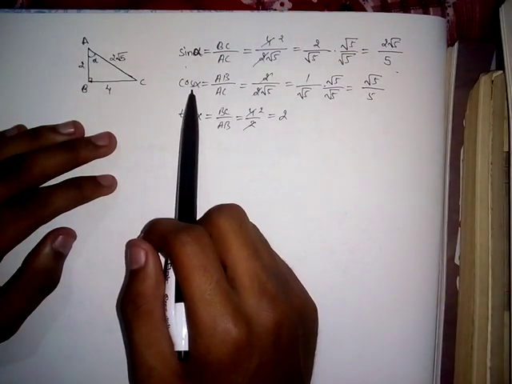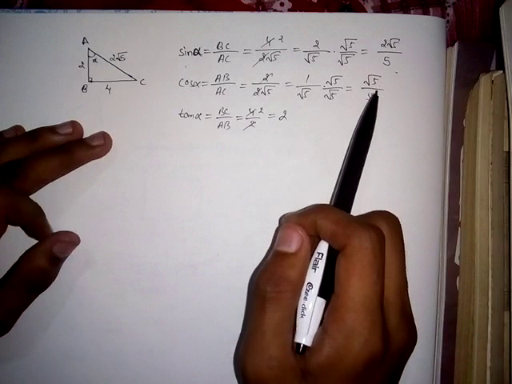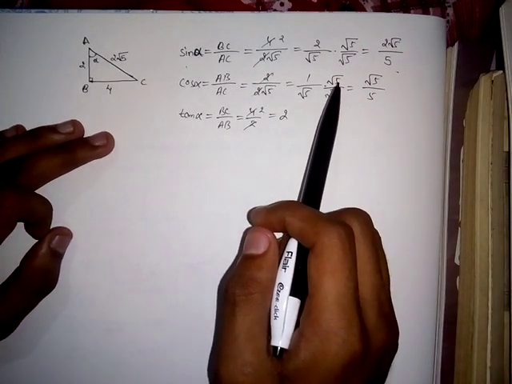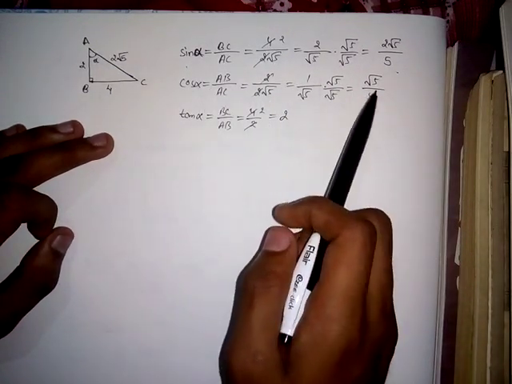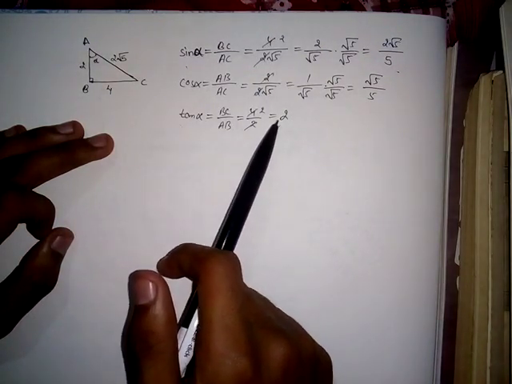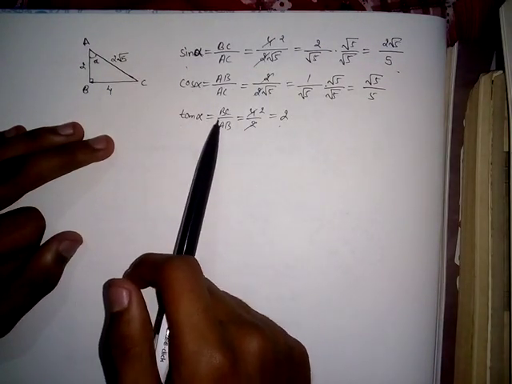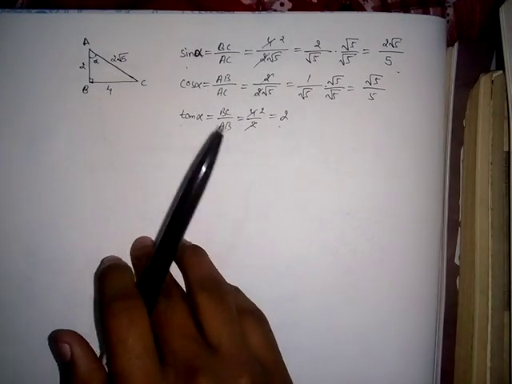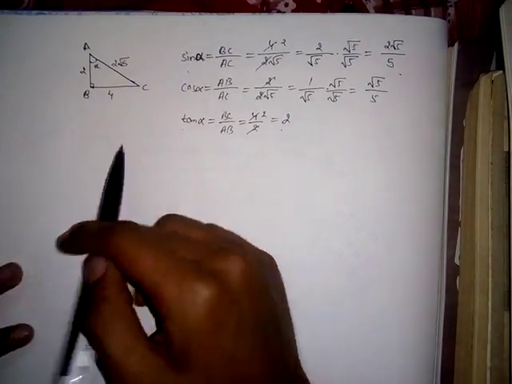And cos alpha is root 5 over 5, so secant alpha will be 5 over root 5. And if tan alpha is 2, so cotangent of angle alpha will be 1 by 2. So this is so easy.